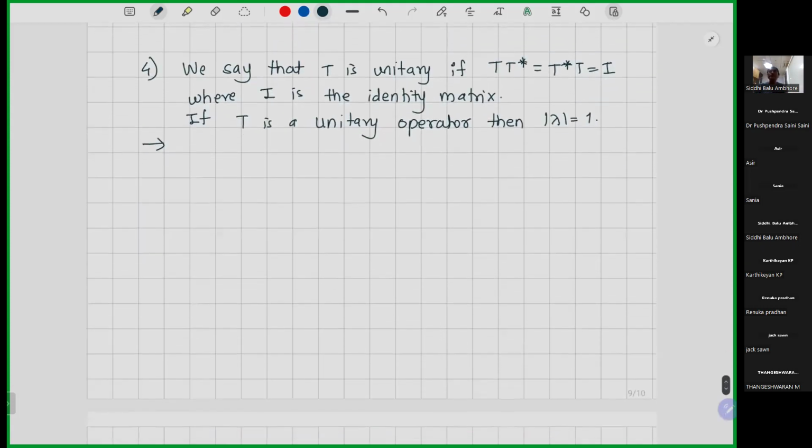T is unitary. Unitary means it is a stronger condition than normal, because here, apart from T star T being T T star, it has to be equal to the identity matrix as well. So this is something extra than the normal property of a linear transformation. So any guesses in this case?